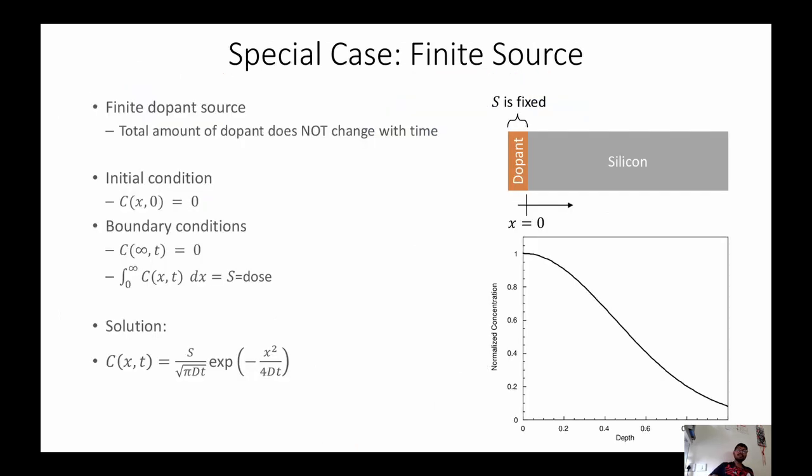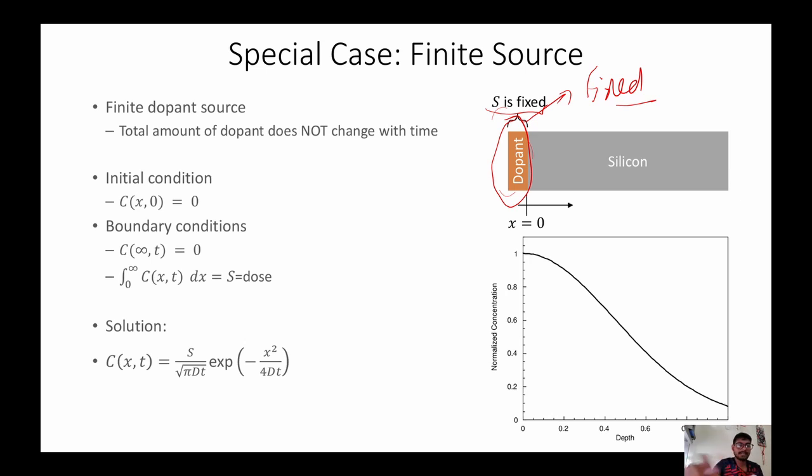Then now comes a finite source for the diffusion. In this one, this is your dose, and this is fixed. The dopant is fixed, not changing with time.